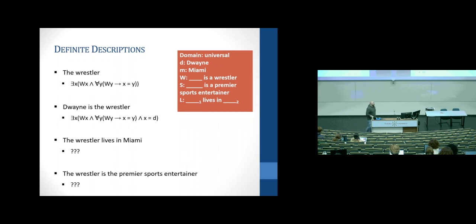Let's try our third one. The wrestler lives in Miami. Take a second. We can see the first part here, right? The first part's going to be basically what we have under the very first question. At least one thing that's a wrestler, at most one thing that's a wrestler. And then what do we want to say about it?